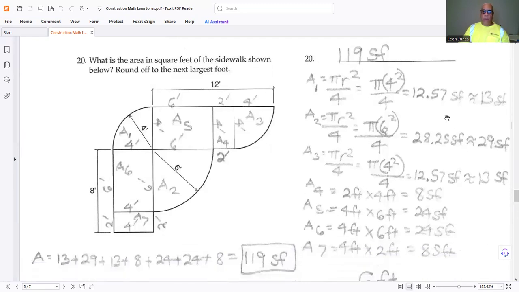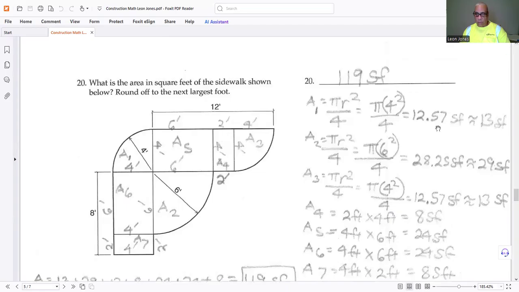Same thing that you do here is a bunch of areas. Like you start off, area equals pi r squared. Again, you see how I labeled it? You have different areas up here. Starting with A1, pi r squared over 4.